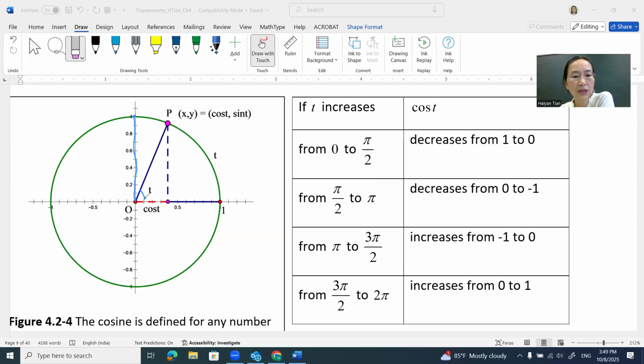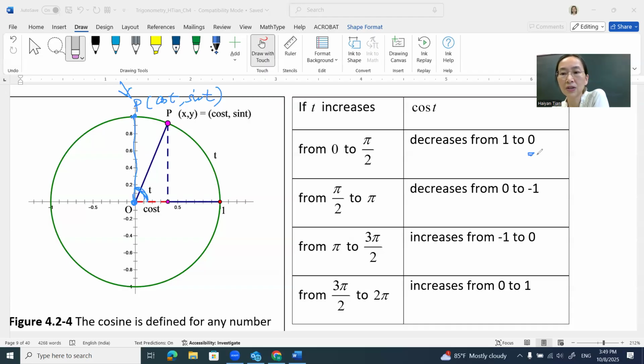If this is our t, immediately we see the x coordinate will be 0, right? So cosine t is 0 for this point P, because cosine t is the x coordinate of the point, and we can see the x coordinate of this point is 0.